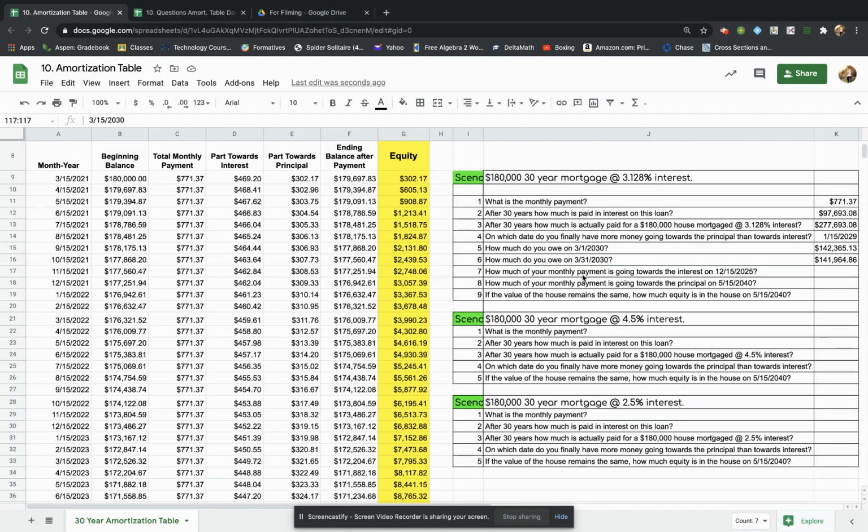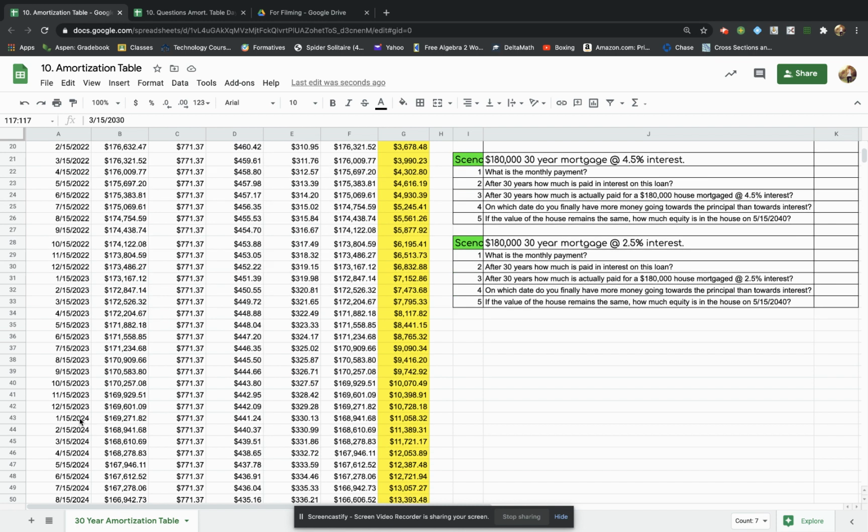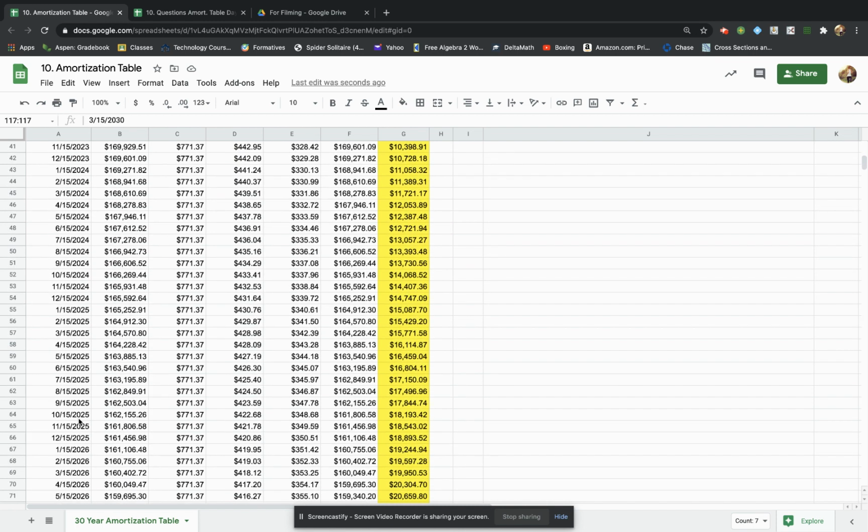How much of your monthly payment is going towards the interest on 12/15/2025? The amount going towards interest, the part towards interest, is what's in column D. So we got to go to 1215, 2025, and look at what number is in column D. Here's 1215.